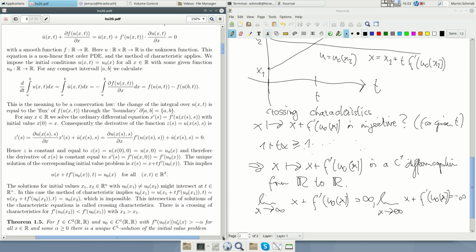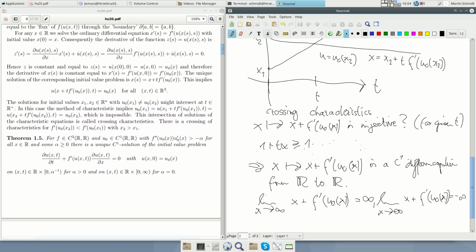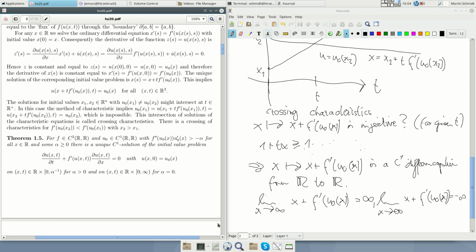Then we understood the problem of crossing characteristics: for crossing characteristics we really obtain a contradiction, so the solution cannot be extended to the whole domain, but under some weak assumptions we have a solution.